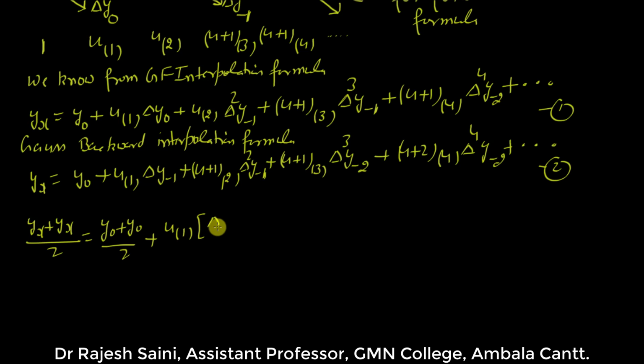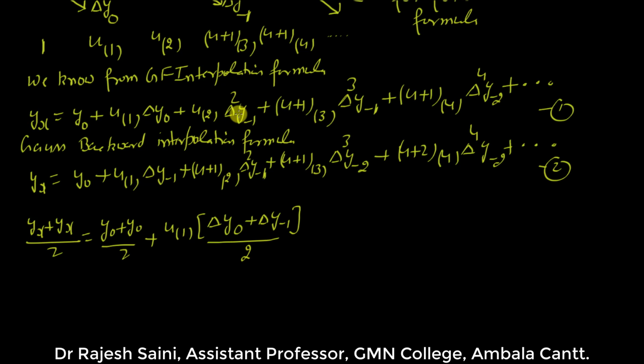Inside will be delta y0 plus delta y minus 1, this is common, and divided by 2.